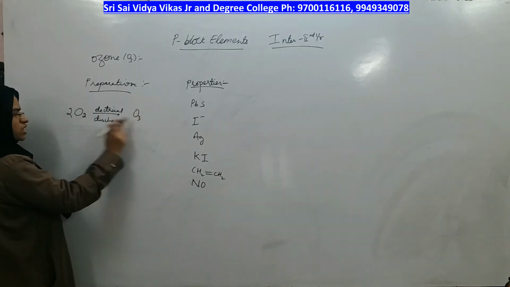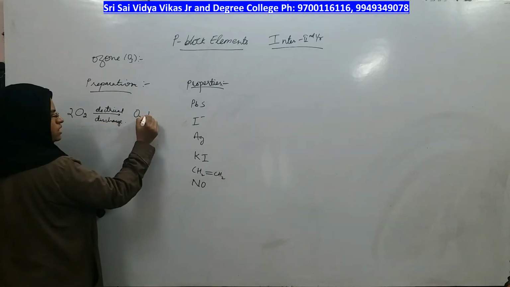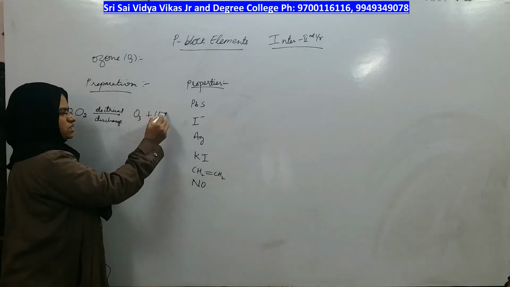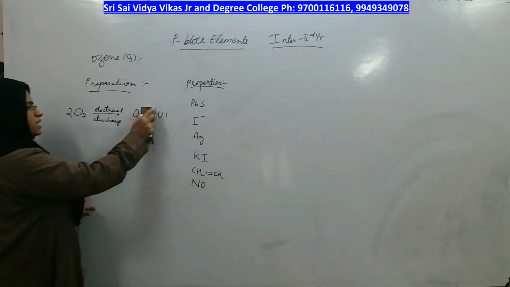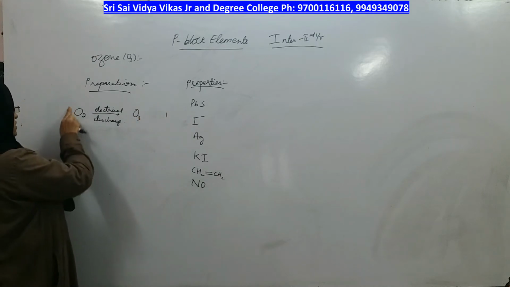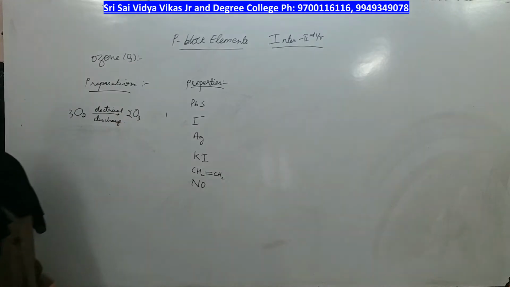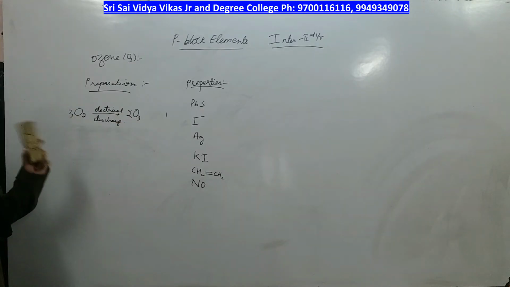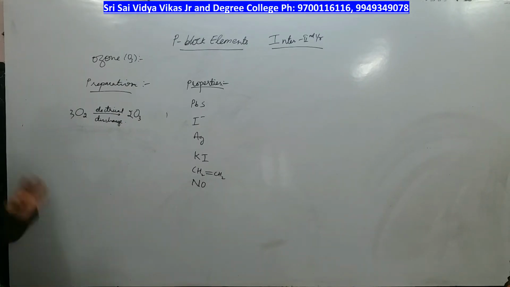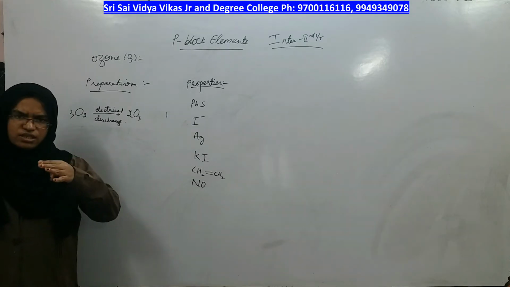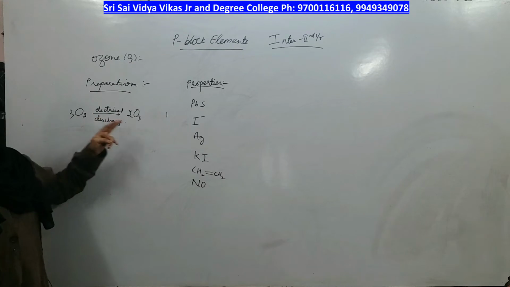The reaction is 3O2 gives 2O3. This is the reaction in which ozone can be prepared, but the condition is that you have to give oxygen gas very slowly in the presence of electrical discharge.